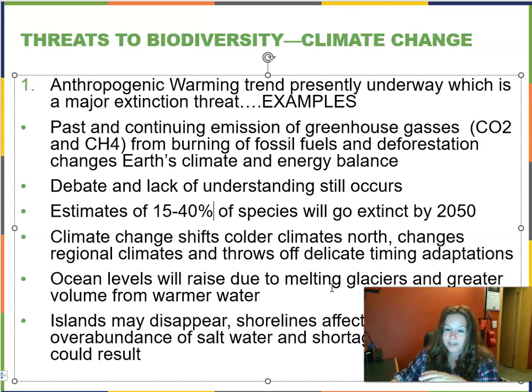Ocean levels will rise due to the melting of glaciers and greater volume of warmer water, and islands may disappear, be covered with water, shorelines affected as water moves up further on the shorelines, and an overabundance of salt water and a shortage of fresh water could result with climate change.